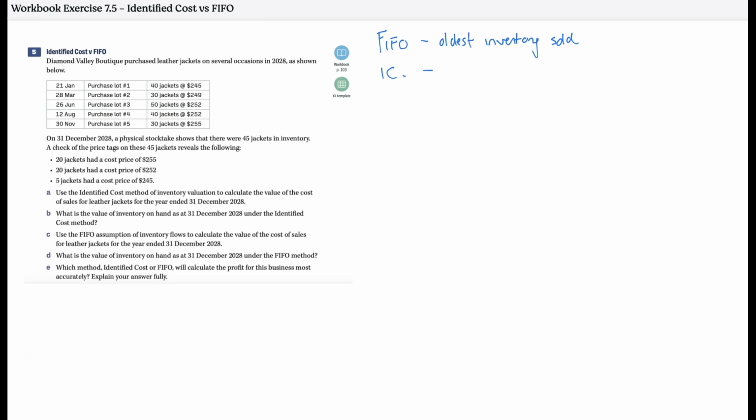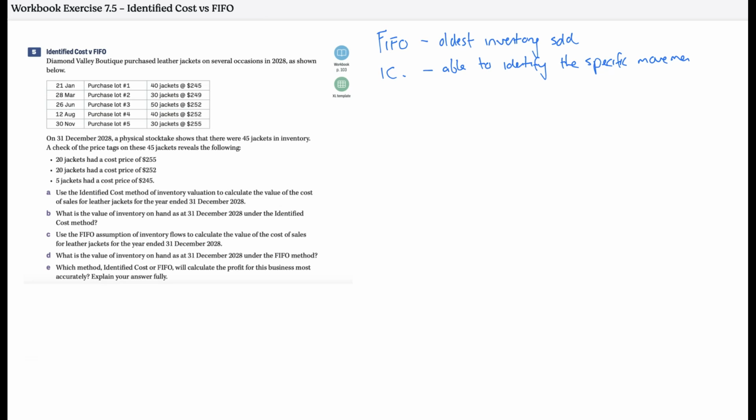Identified cost means that we can accurately determine which inventory is going in or out due to some method. In this case, we have a price tag, and so we are able to identify the specific movements of inventory. Okay?